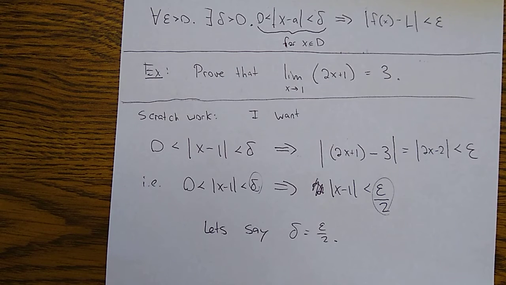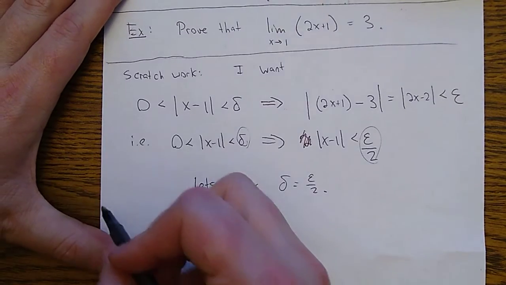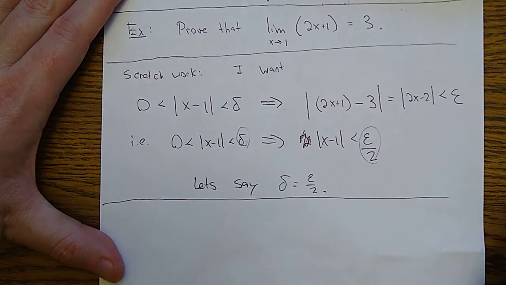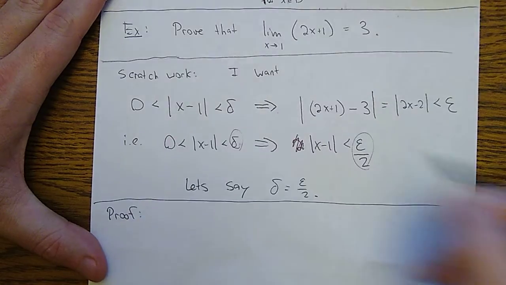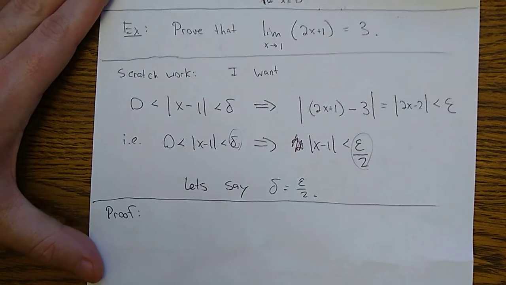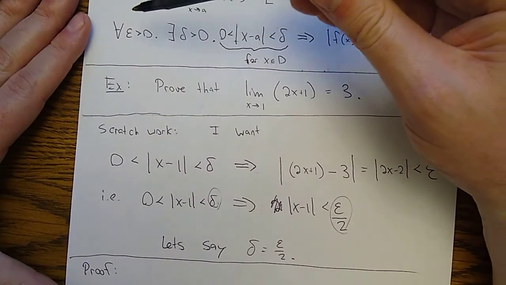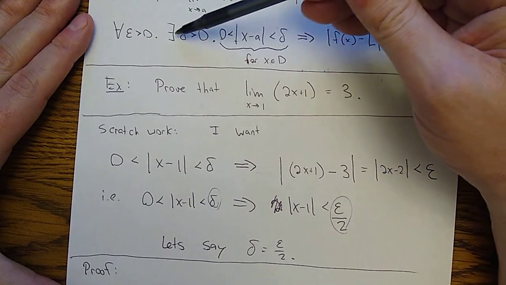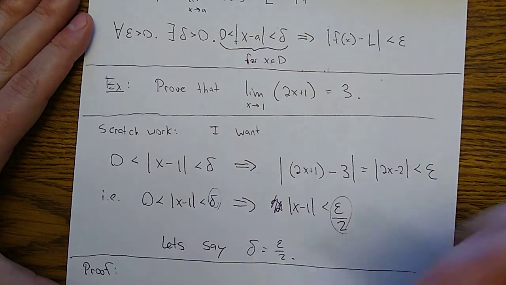Now, having done this scratch work, let me attempt a proof. So what do I have to prove? I have to show that for all epsilon greater than 0, there exists a delta greater than 0 such that blah.